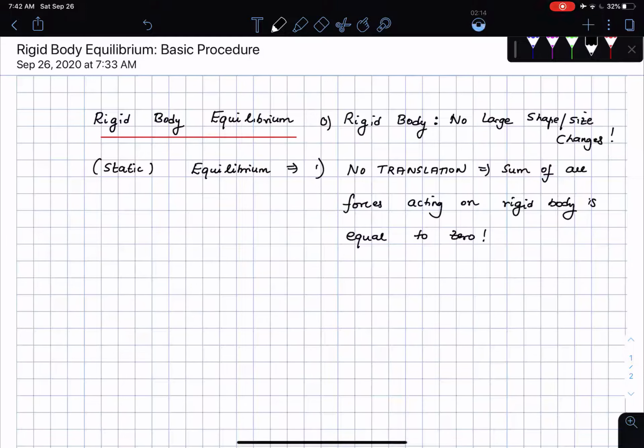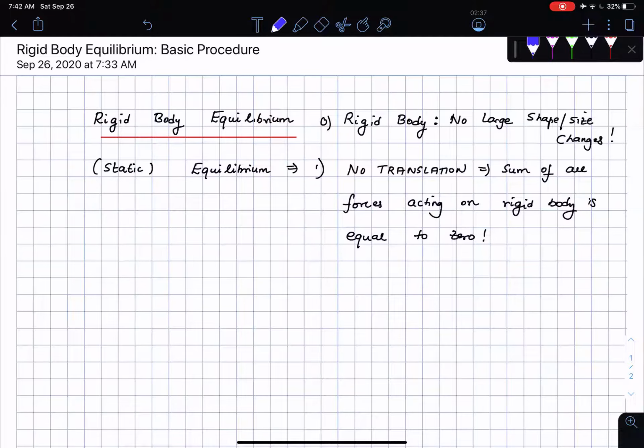This is of course a big white lie, because there is nothing called a rigid body in a sense. Every body, if you apply some force, is going to deform in some small way. But what we are saying is, let us say that the deformation is not too large, such that it's not something that is visible to our naked eyes.